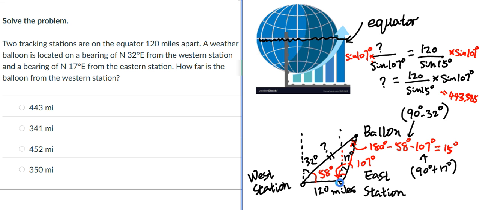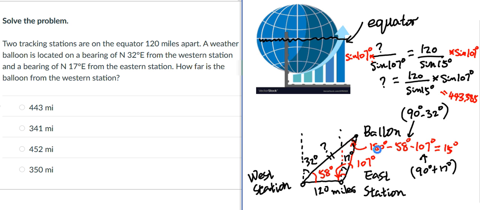This red angle should be 90 degrees plus 17 degrees, because again, the dotted line and the horizontal line are perpendicular. So in this triangle, one angle is 58 degrees, another angle is 107 degrees.